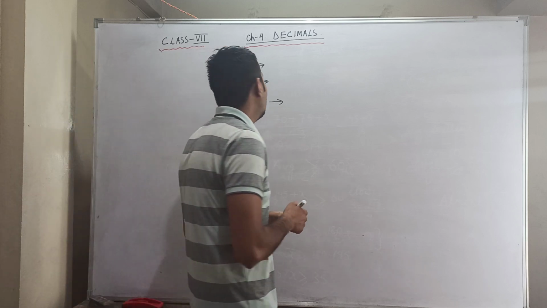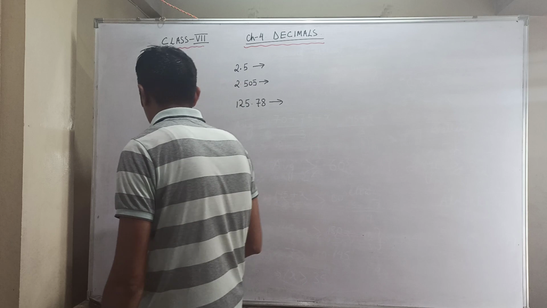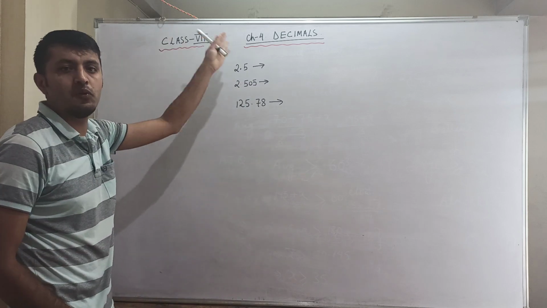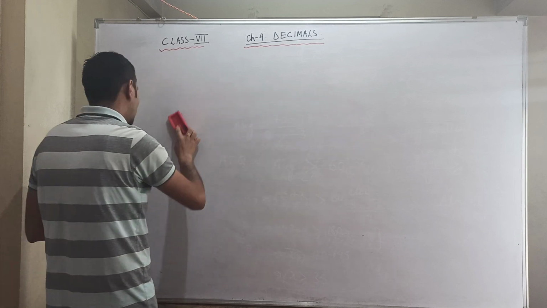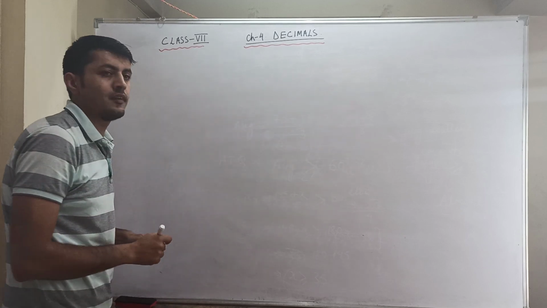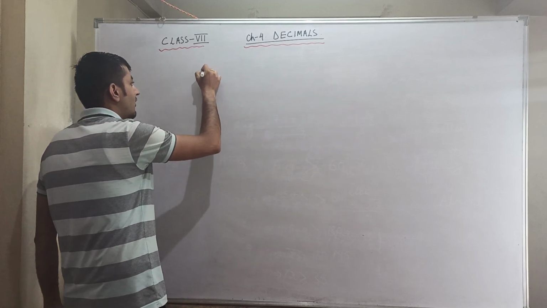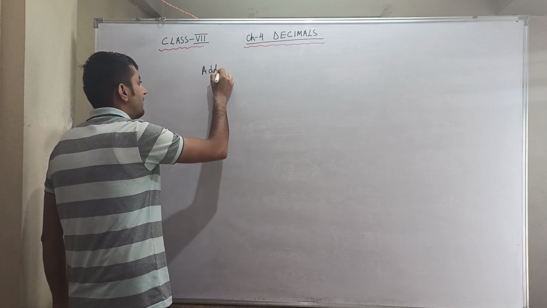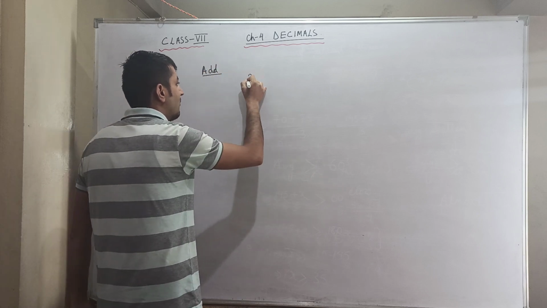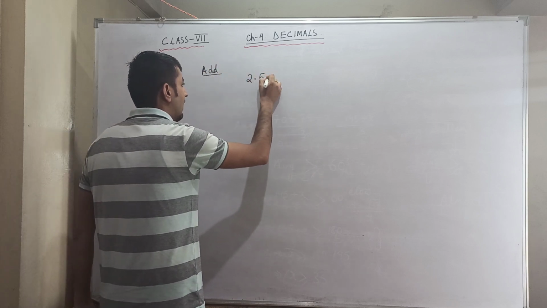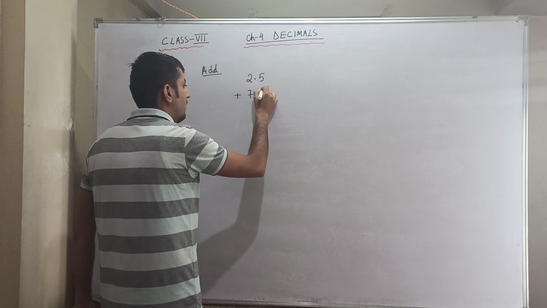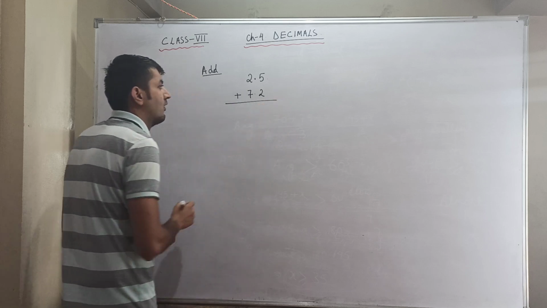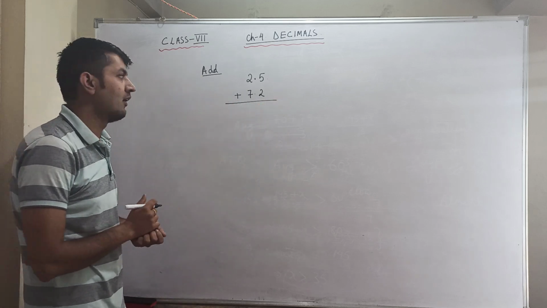So now, let me teach you about addition, how to add two decimals. Suppose two numbers are given, 2.5 and 7.2, and you have to add them.